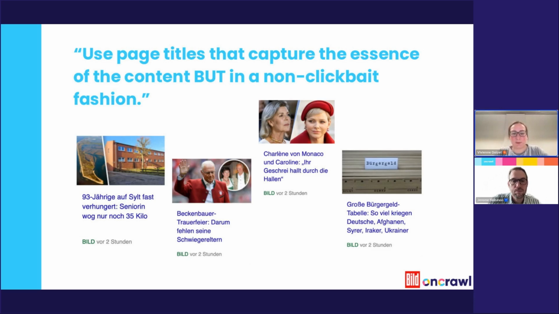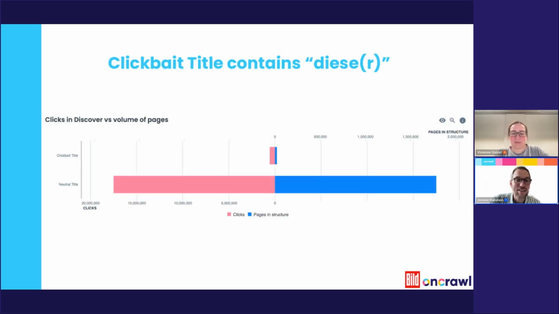As you can see, for those of you who are not fluent in German, all of these are not very clickbaity. They're pretty much matter-of-fact, so we didn't have a lot to work with. I say that because a lot of people think that BILD does a lot of clickbait, and we actually don't. It's not the case, and the data says so as well.